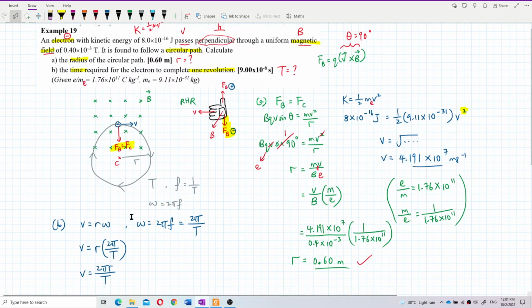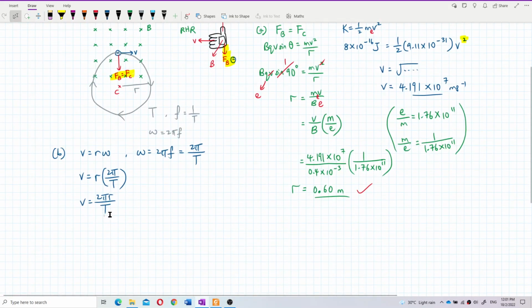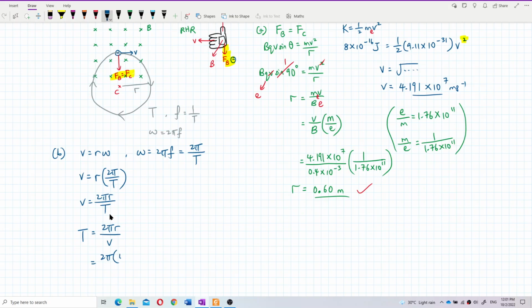So I can find my period: period is 2 pi R over velocity. My radius is 0.60 meter, and my velocity is 4.191 exponent 7.